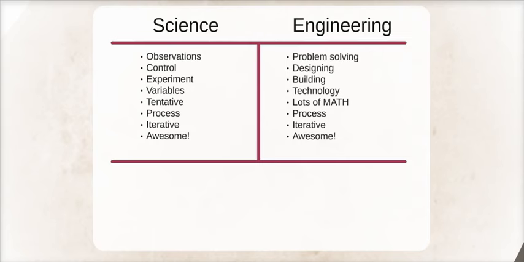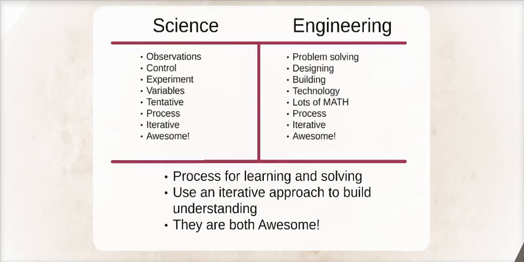So the similarities between these two, where they connect with each other, is they're both processes for learning and solving problems. They both use this iterative approach where we learn information and that helps us build on or learn more information. So this cycling. In science, a lot of times we do multiple experiments to get a better understanding of some process or phenomenon.